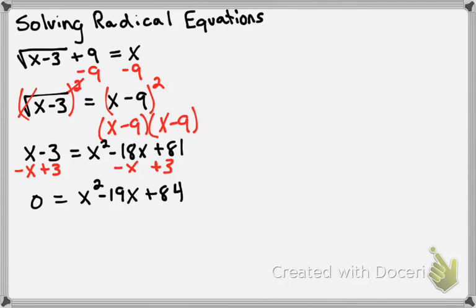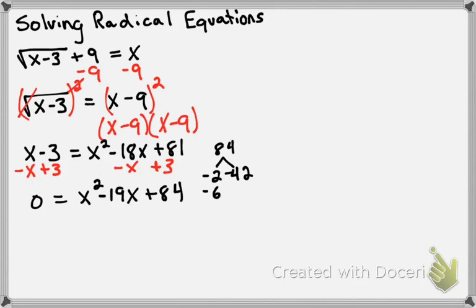So I'll try a few over to the side here. I've got 84, and I'm going to split it up. Now let's see, maybe 2 goes in 42 times. Of course, they both have to be negative, because this middle term here is negative, and I need to add to get a negative number, but that's not going to work. So let's try maybe 6.